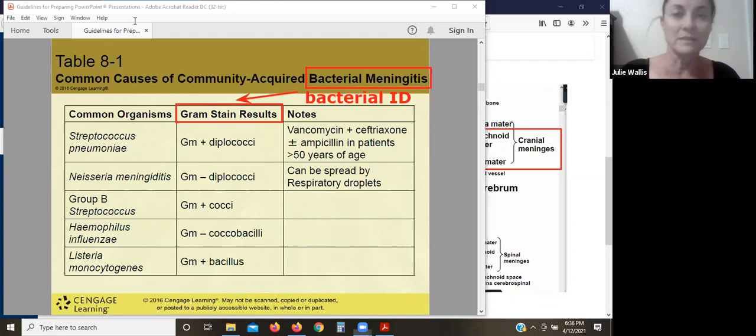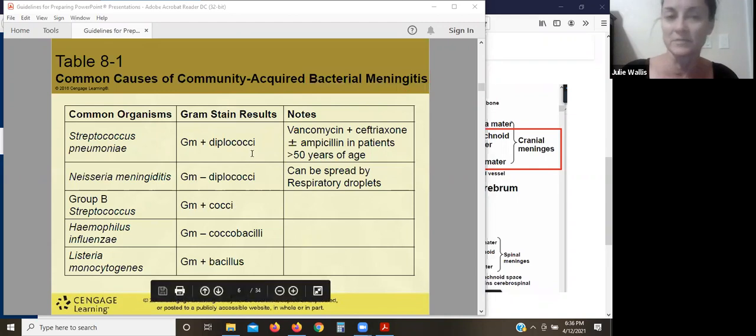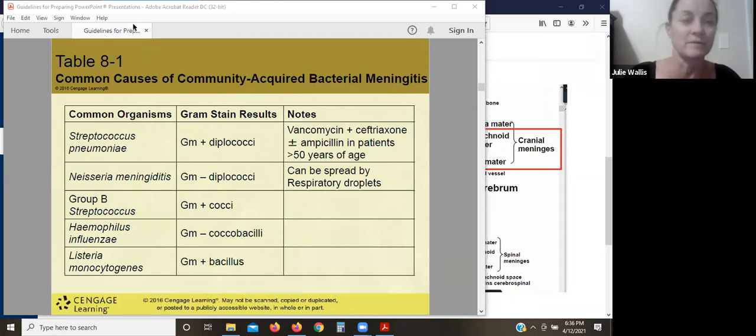You don't need to memorize whether these organisms are gram positive or gram negative, whether they're cocci or bacilli. I just included it in this table because it was in your book, but you do need to be aware of, throughout this whole chapter, the most common organisms that cause these different infections. So you want to just memorize these genus and species, and that will help you with those questions.